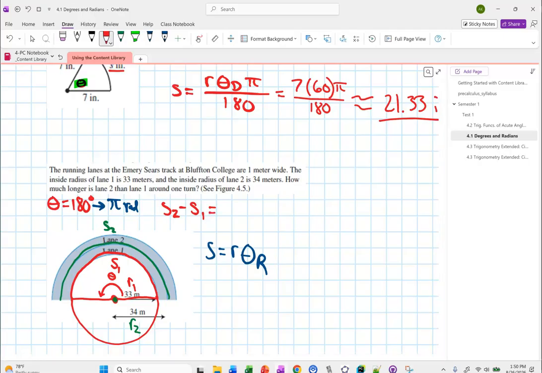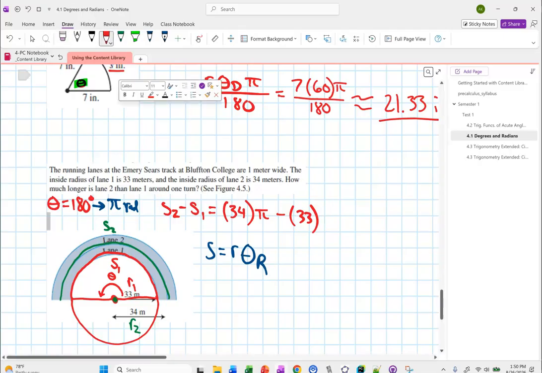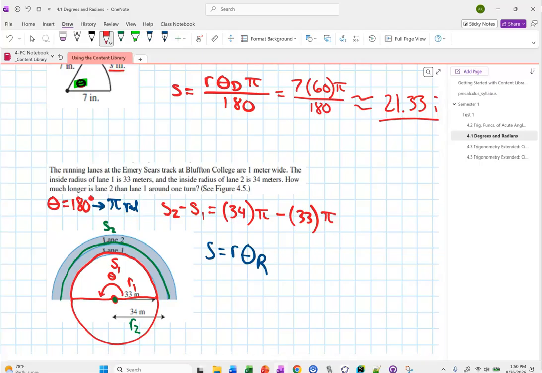So for S2, my radius is 34, and my theta is pi. For S1, my radius is 33, and my theta is still pi. So I have 34 pi minus 33 pi, which is just equal to 1 pi.